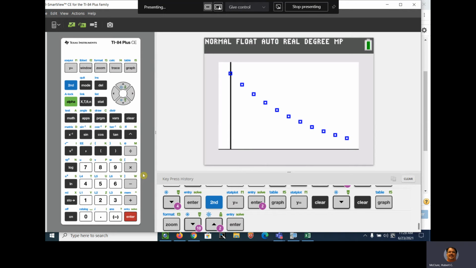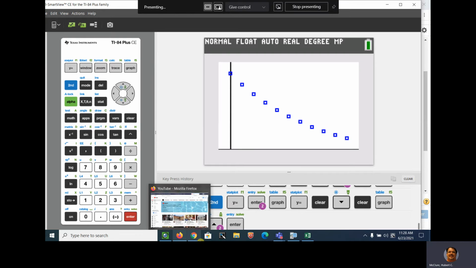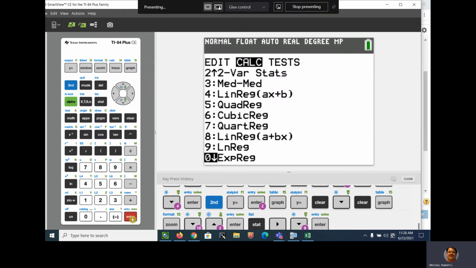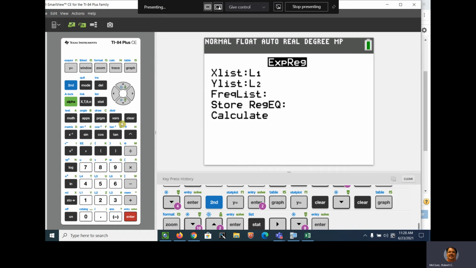Now I'm going to go through and type in what we got for the regression. So I'm going to go to Stat, Calculate, and go down to Exponential and Calculate.